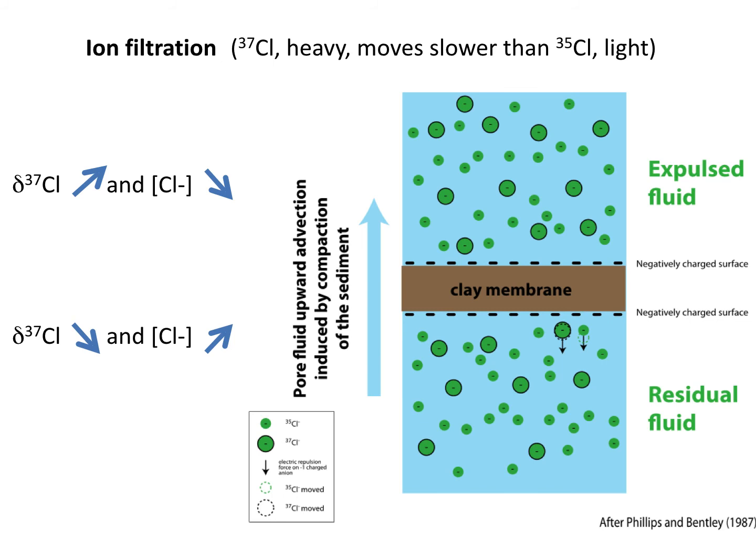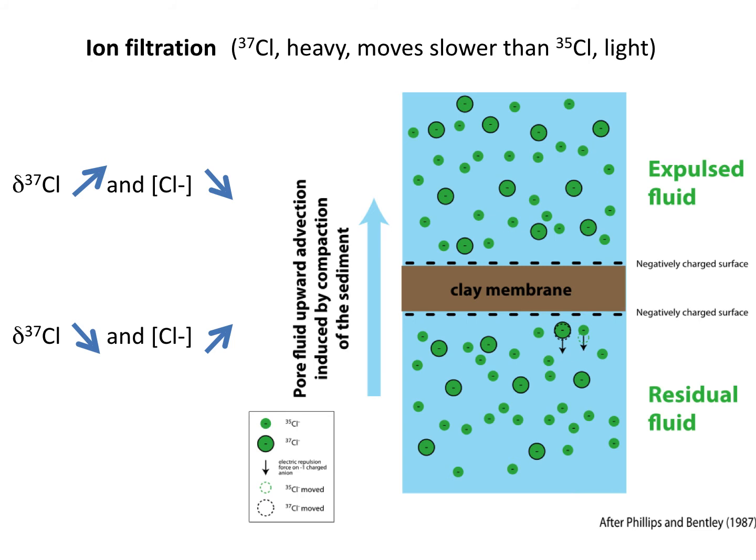Ion filtration. The idea of Phillips and Bentley only exists in theory. For the moment, no experiment has shown it to exist. When a fluid is transported through a negatively charged membrane, such as clay, the chlorides are repelled by electrical force. 35 chlorine, lighter and therefore more mobile, would be repelled further than 37, heavier, therefore less mobile.